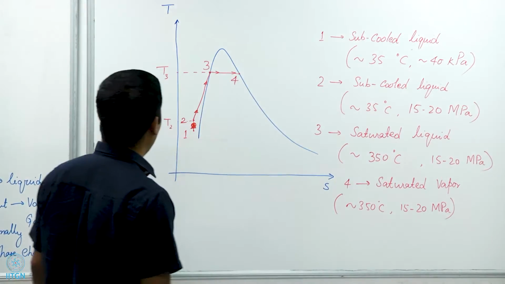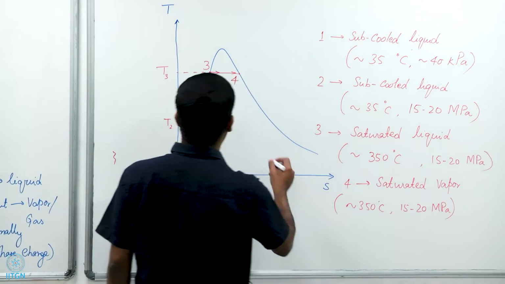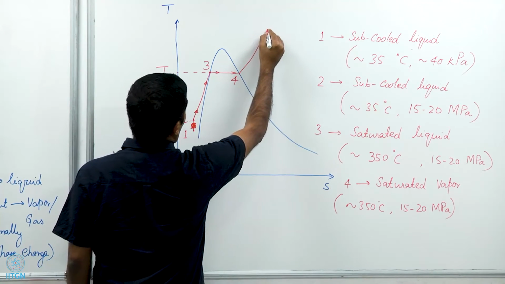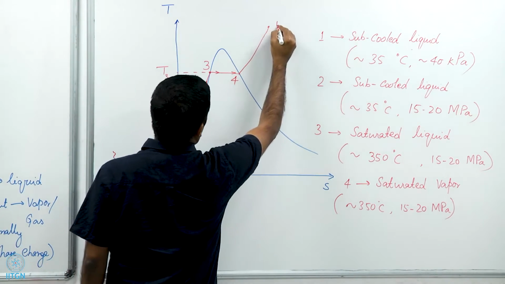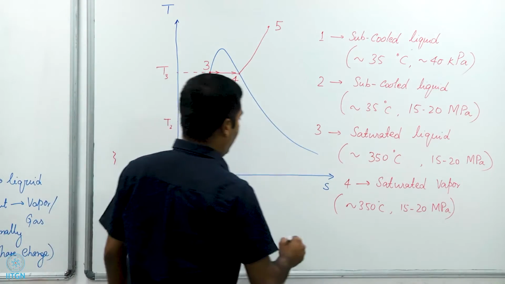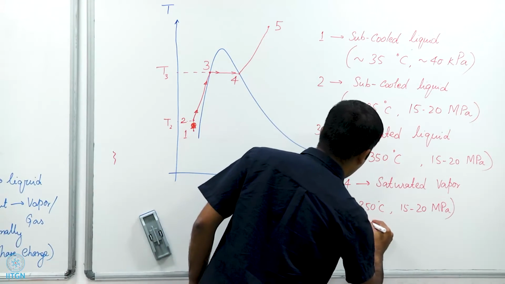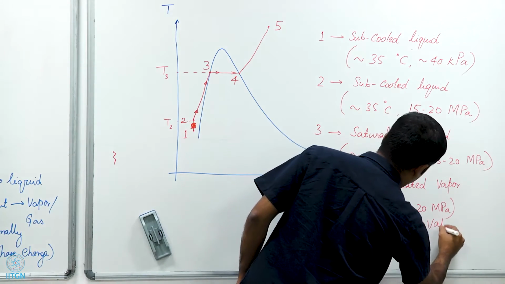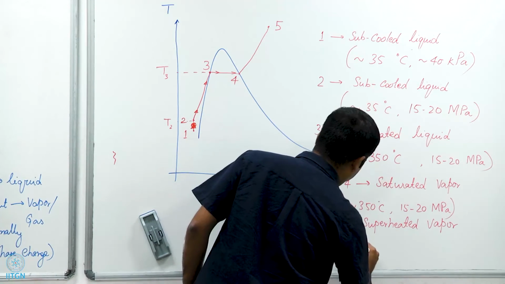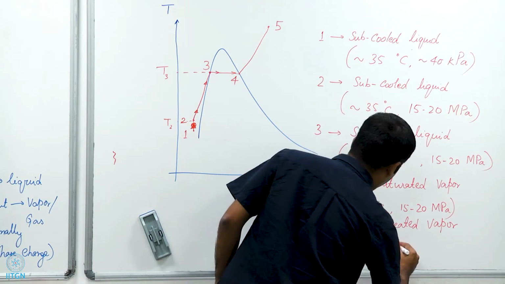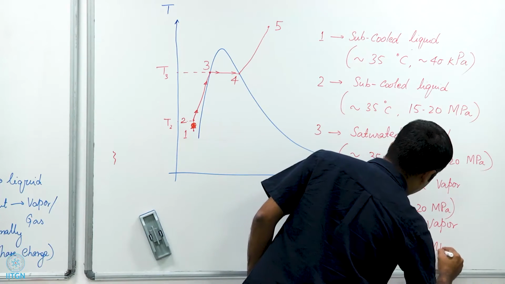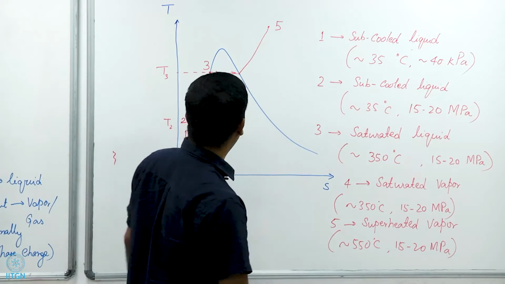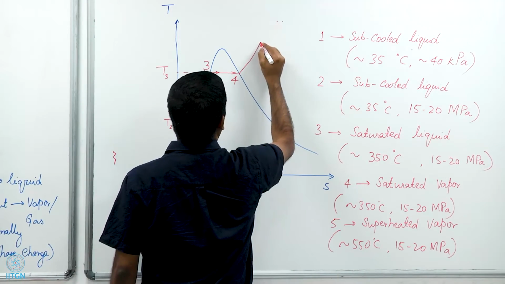And then from 4, this is further heated until we get to a superheated state. Let's call that 5, and 5 is a superheated vapor. This is approximately 550 degrees Celsius and 15 to 20 megapascal pressure. So it's heated to a higher temperature, maybe not this high, maybe we can go higher.